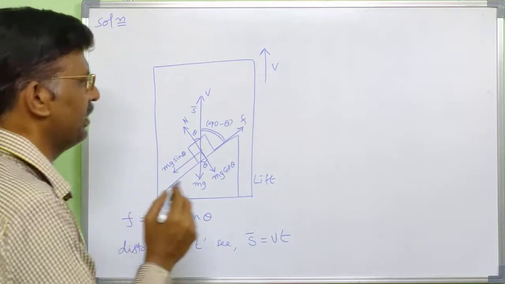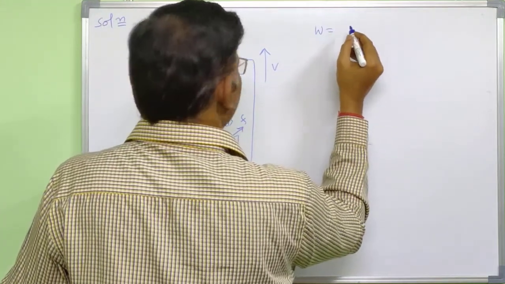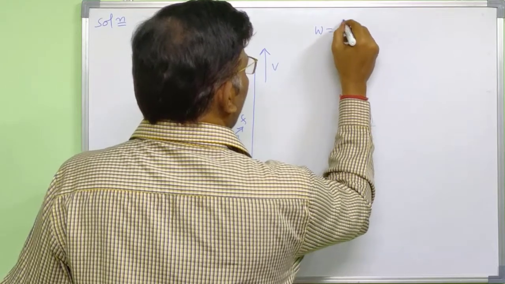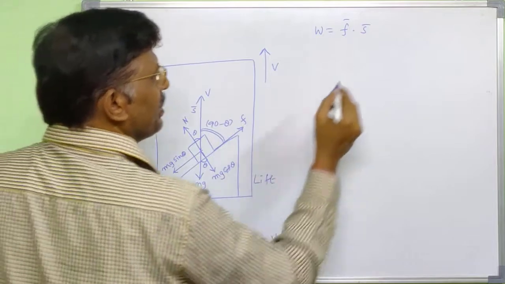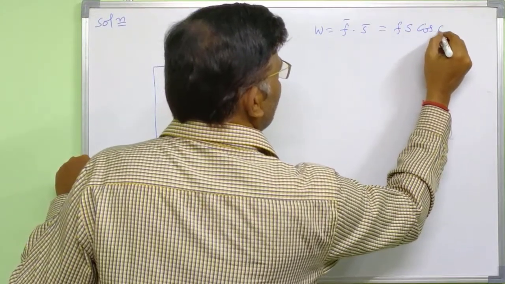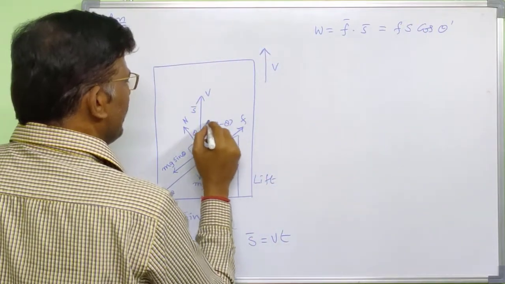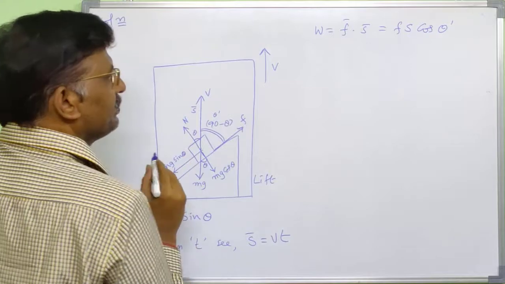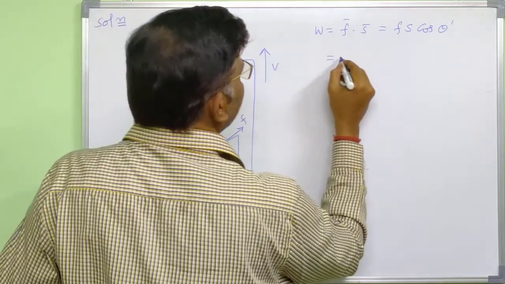Now work done. W is equal to F bar dot S bar, work done by the frictional force. This can be written as F s cos theta dash, where we assume theta dash for convenience.